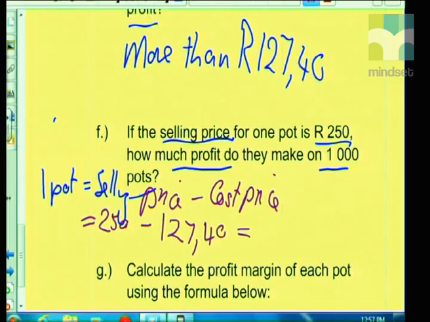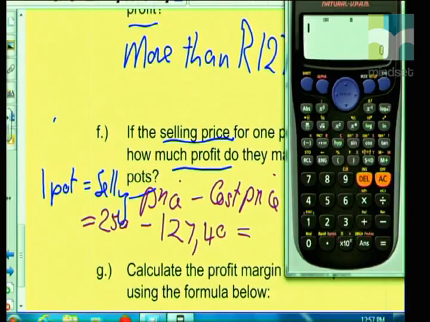So let's do the calculation: 250 minus 127 and 40, and that's going to give us 122 Rand and 60 cents as my profit. Now, what is it going to be for 1,000 pots?